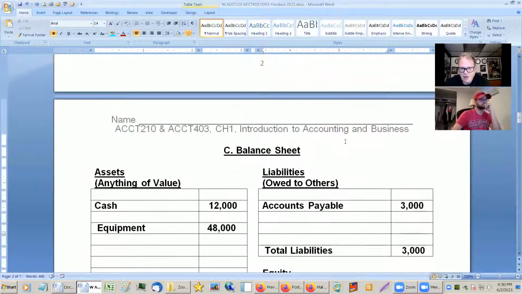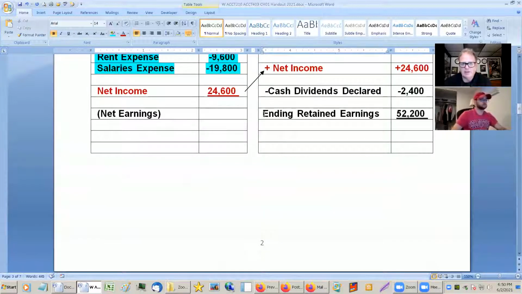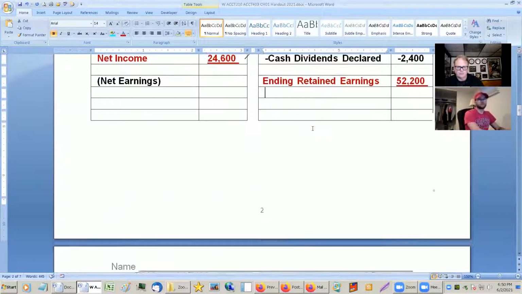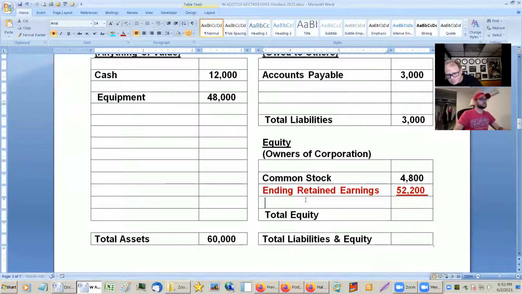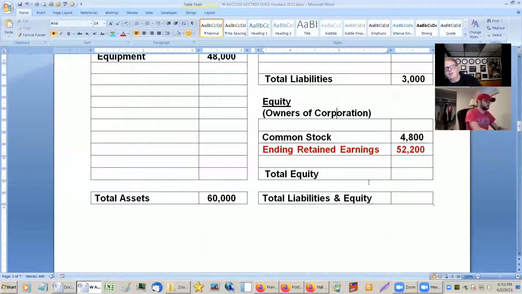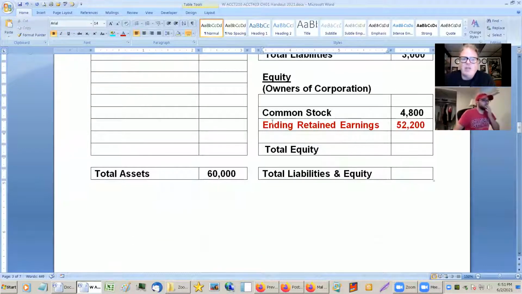And that is, you recall, the piggy bank. So this piggy bank is also the owners'. Now, this is the tricky part.